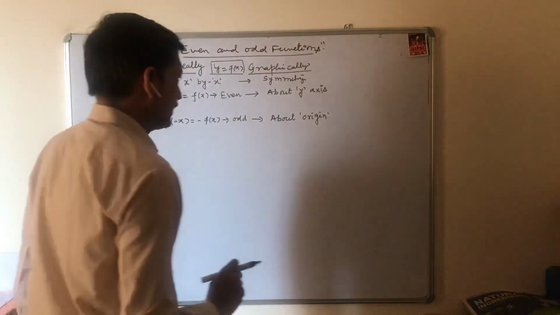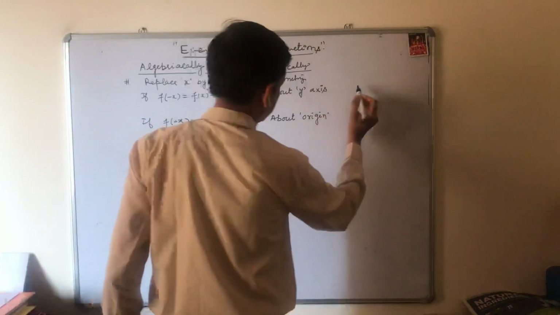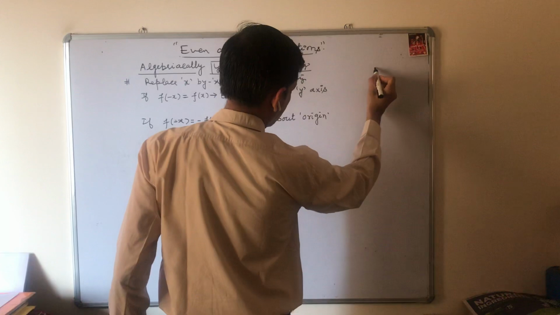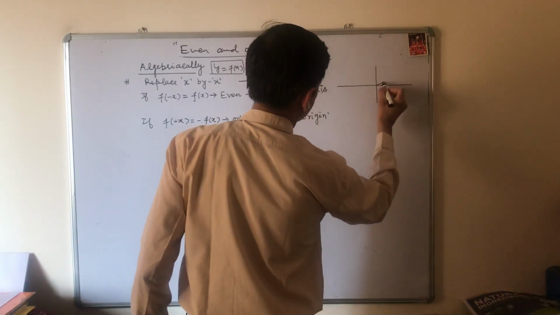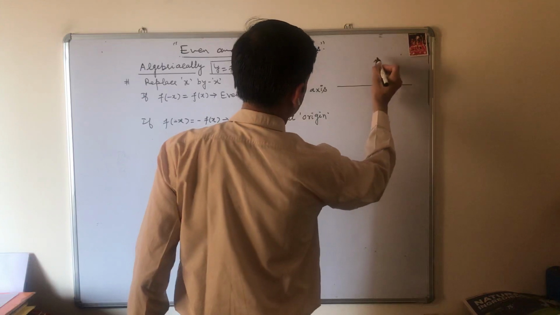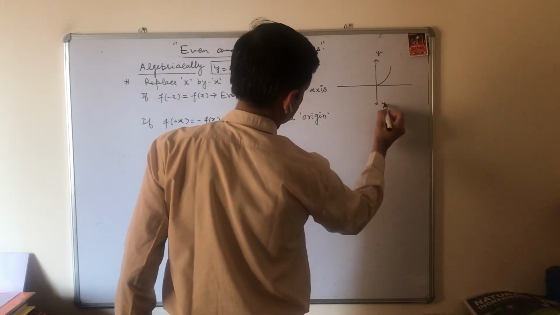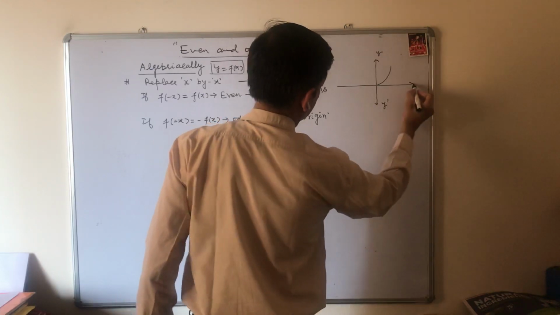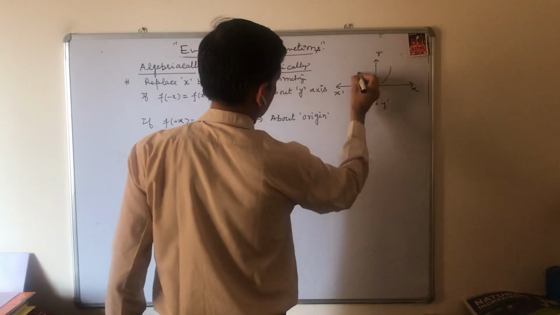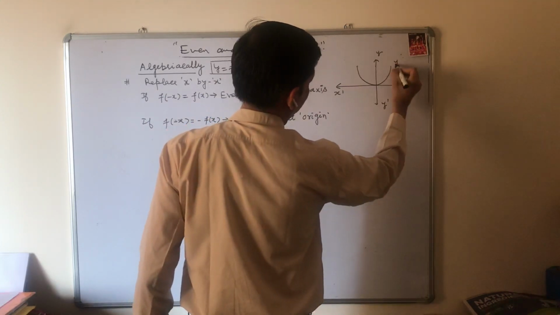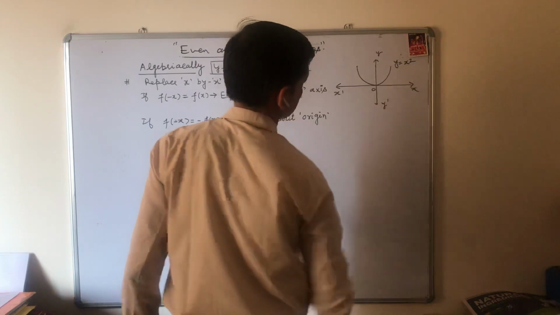Now, consider an example. This is a graph of the parabola y is equal to x square.